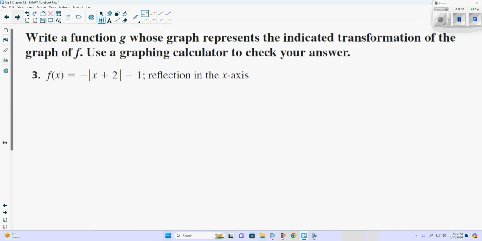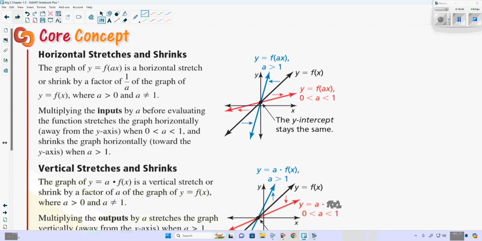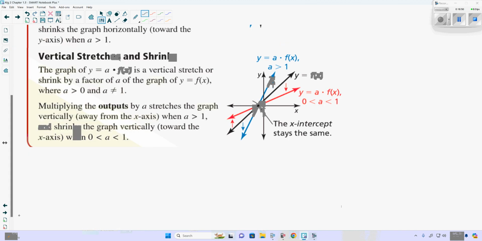So if we feel good with reflection, we will move on to the last type of transformation: horizontal stretch and shrink, and vertical stretch and shrink. Out of these two, we're going to look at vertical stretch and shrink first. The general form is a times f of x.